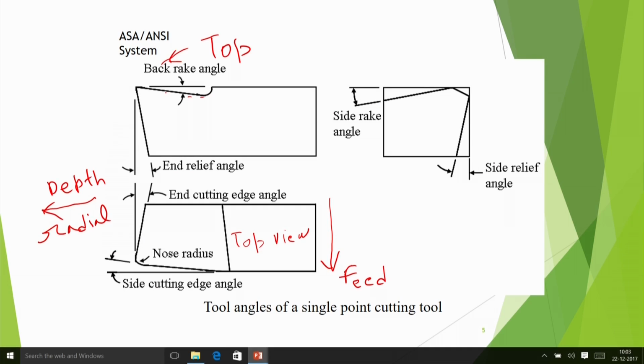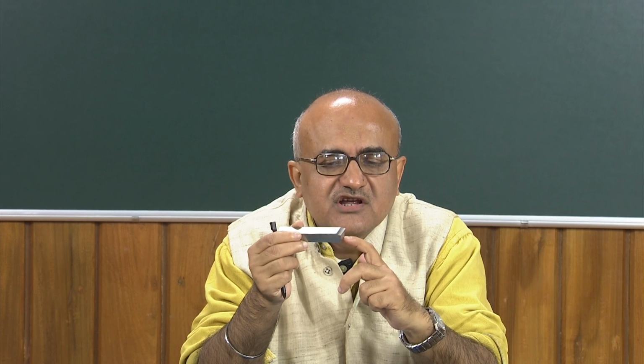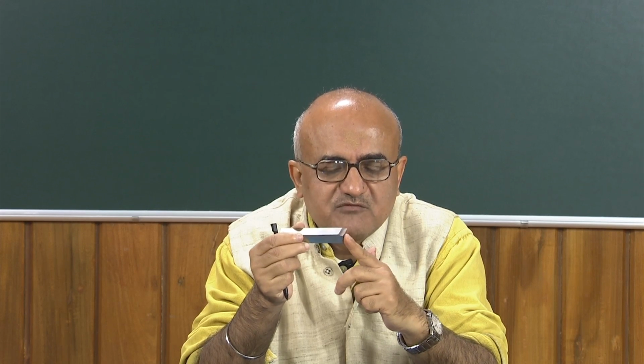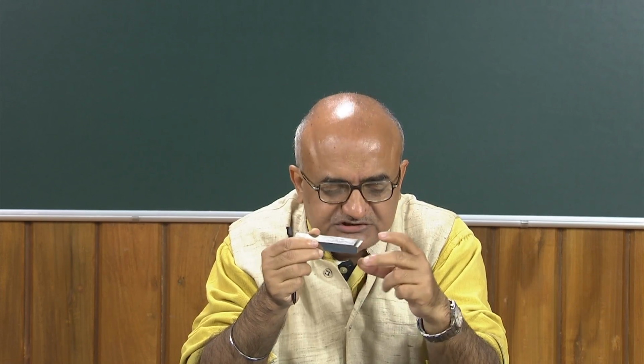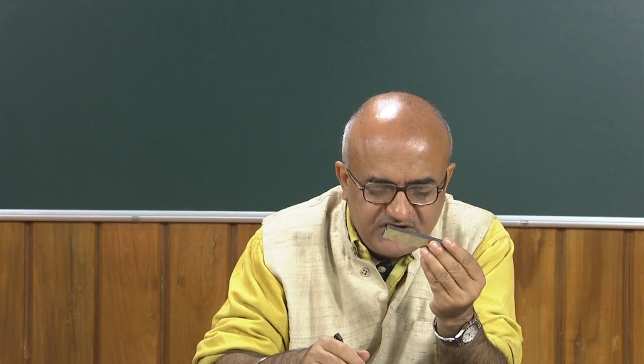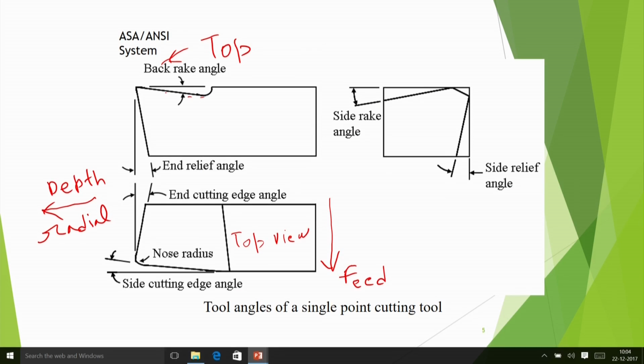So that means this line, if you see that it is in this plane also, the auxiliary flank plane, this line is not really vertical, rather it is having some type of inclination. Why? So that the tool should not rub against the workpiece. So that is why you are having here the end relief angle.